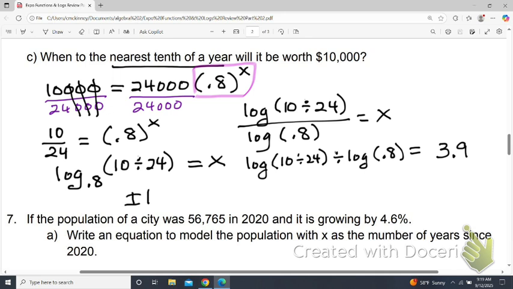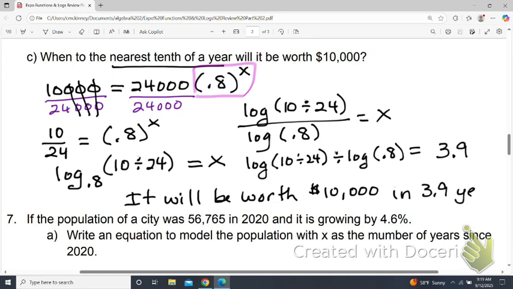So I could say it will be worth $10,000, just restating part of the question, in 3.9 years.